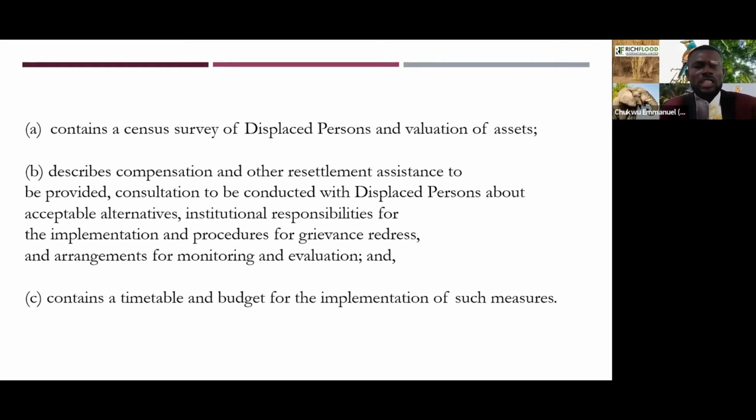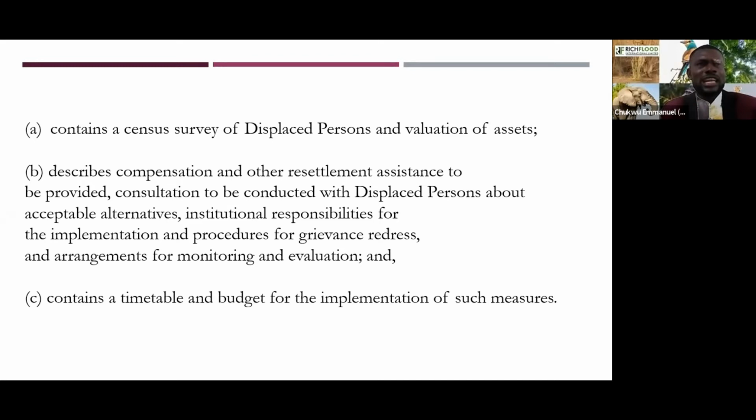Now, what are the objectives of RAP? Basically, this document has particular objectives which it seeks to address. One of them is to avoid involuntary resettlement, or when unavoidable, minimize involuntary resettlement by exploring project design alternatives.